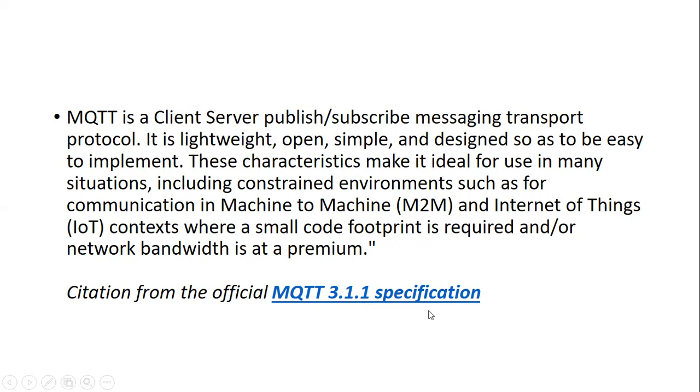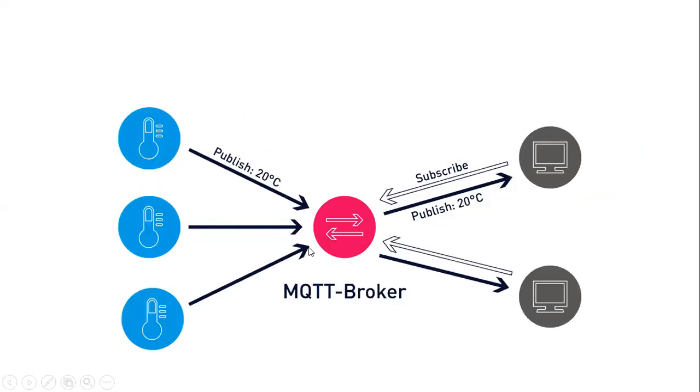It is written under the 3.1.1 specification. With the help of this diagram, you can summarize the MQTT protocol. Basically, it works on a publish subscribe based model. Here you can see these three devices.